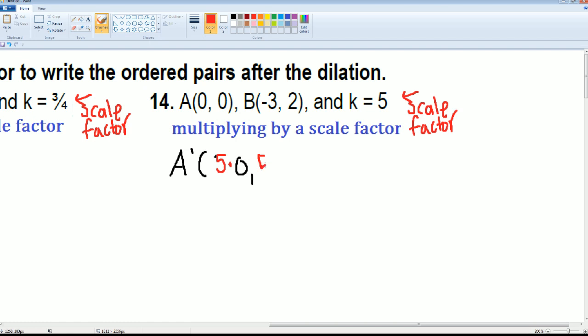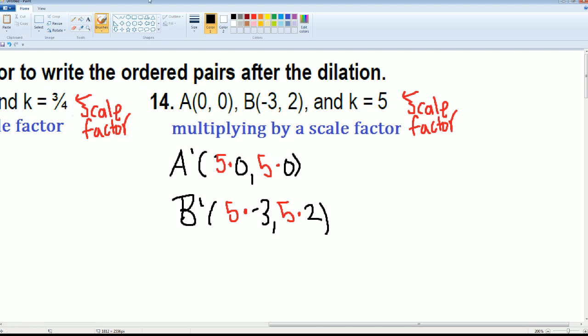The scale factor is going to be multiplied to the y value, which is 0 right there. The B prime is right here. That is 5 is going to be multiplied into the -3, and the 5 is going to be multiplied to the 2.